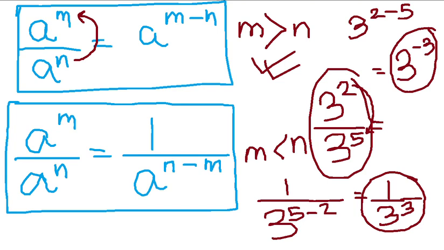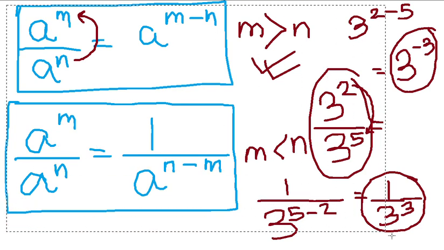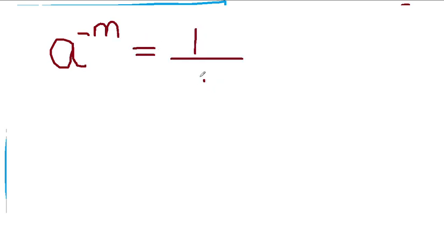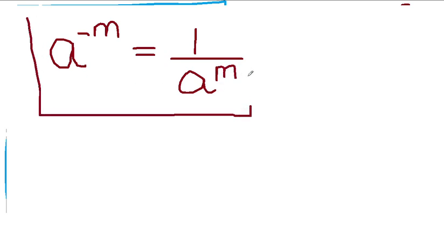Let me write that formula for you, because while doing a sum, it gave rise to a different formula. What is that? A to the power of negative n means 1 over a to the power of n. That is another formula which we just discovered.